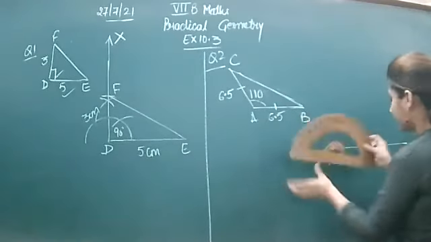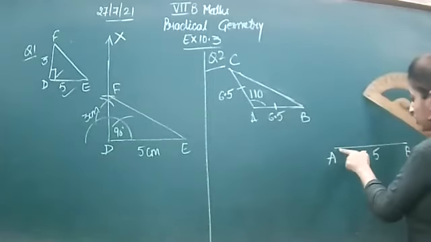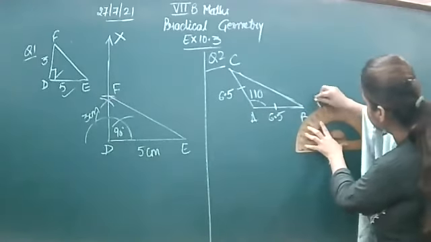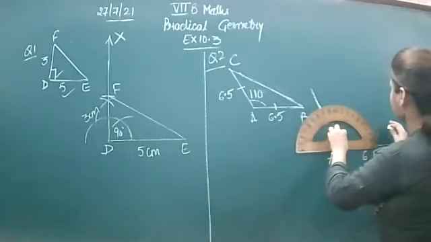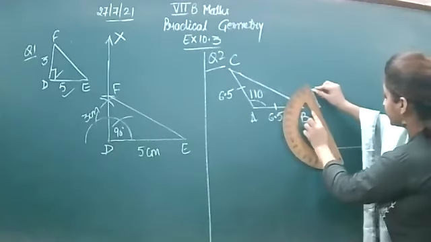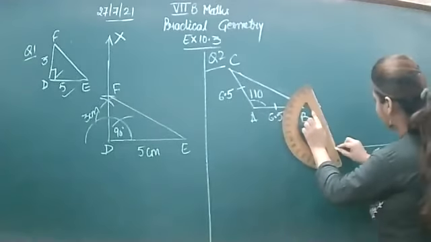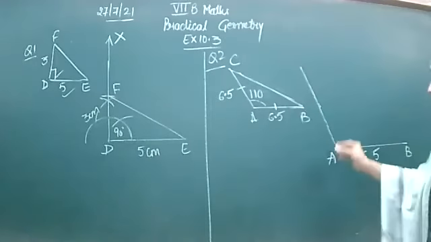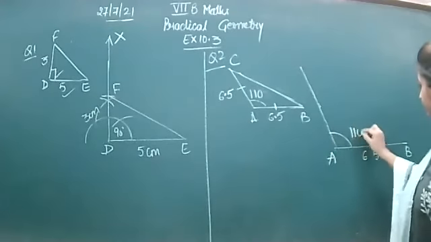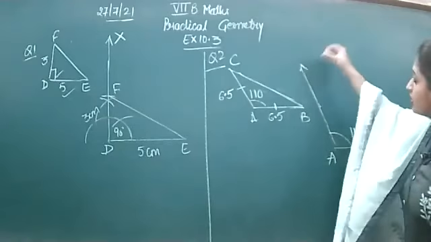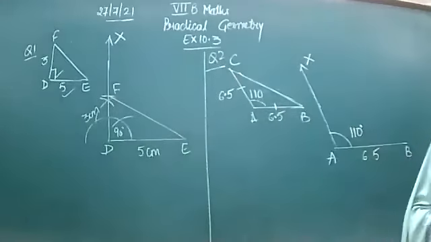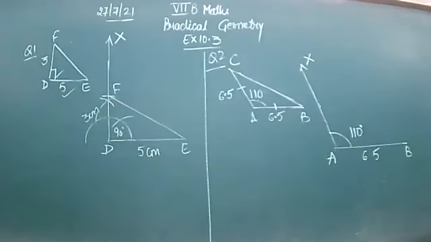This black line will be on this white line, and 110 we want. So I will mark here 110 degrees. This is your 110 degrees, and this line will be your X, like we drew in that one. Do it.